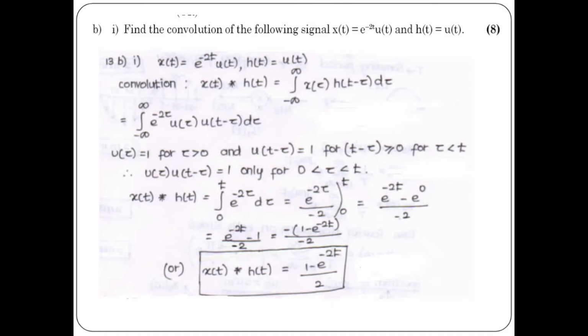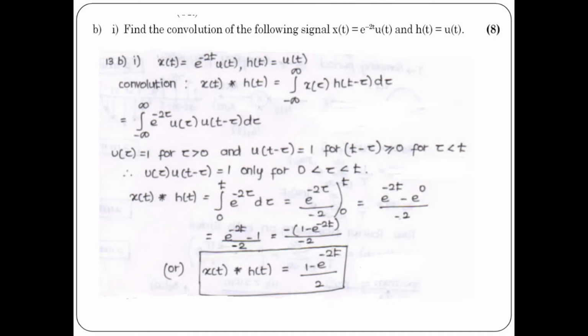The limit will get varied, since u(t minus tau) and u(tau) lie only between 0 to t. So the limit is 0 to t of e power minus 2 tau d tau. Since this is a unit step signal, the amplitude is 1. So we have to integrate only e power minus 2 tau with respect to d tau, the limits being 0 to t.